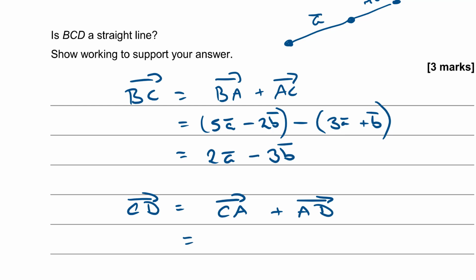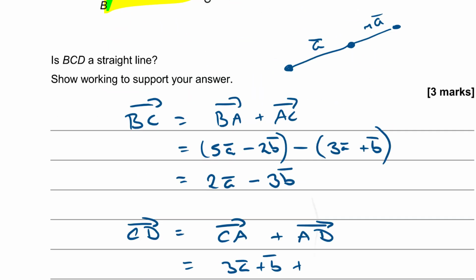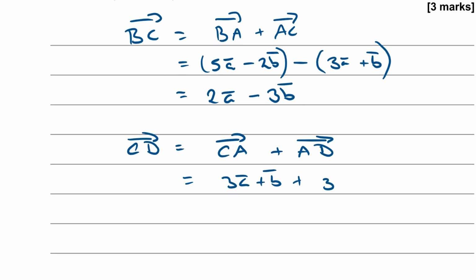So that's equal to 3A plus B plus 3A minus 9B. So collecting like terms, 3A and 3A makes 6A, and B and minus 9B makes minus 8B.